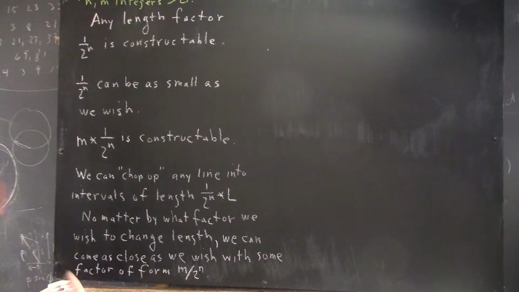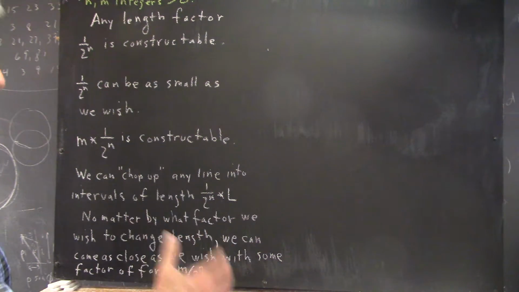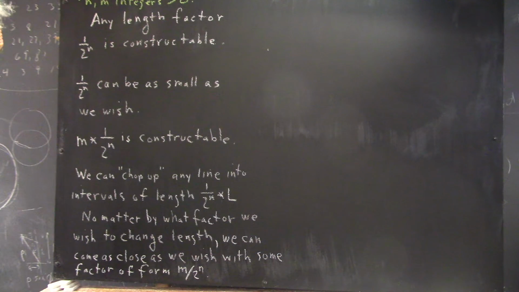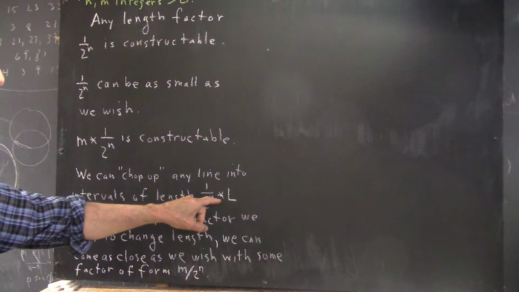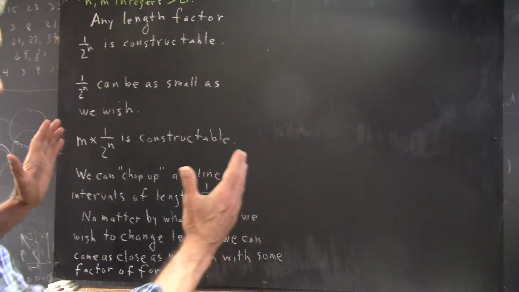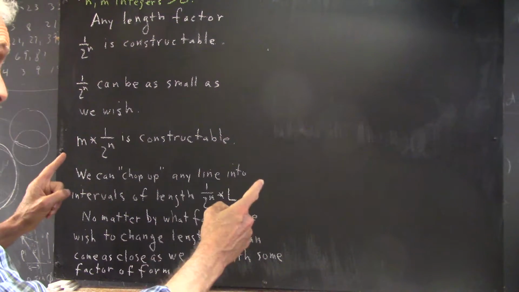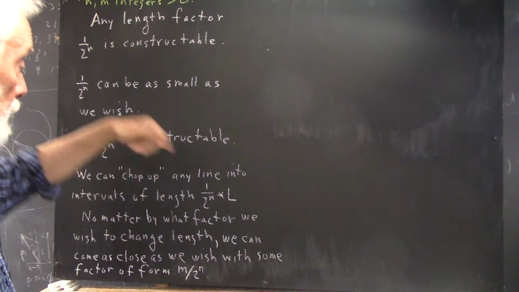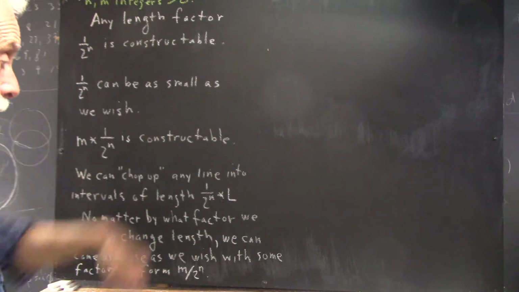But theoretically, the line, or any segment of that line that we might wish to consider, could be chopped up in some finite time into intervals of length 1 over 2 to the n times L. We consider L to be the length of whatever is given. We don't even have to have a number for it, it's just some length. And we divide it into intervals whose length is 1 over 2 to the n times that length.